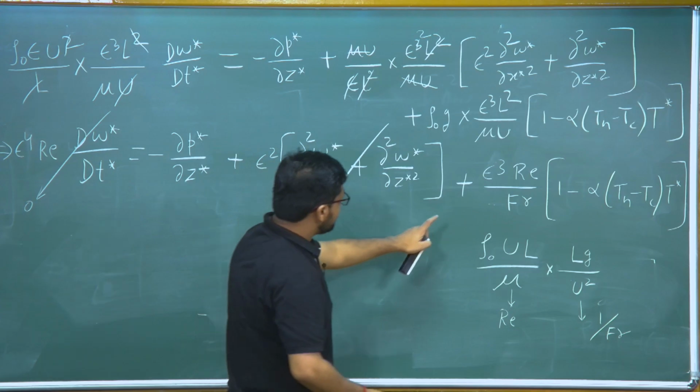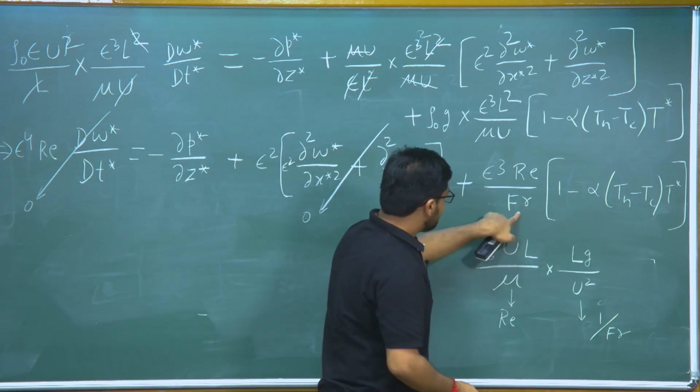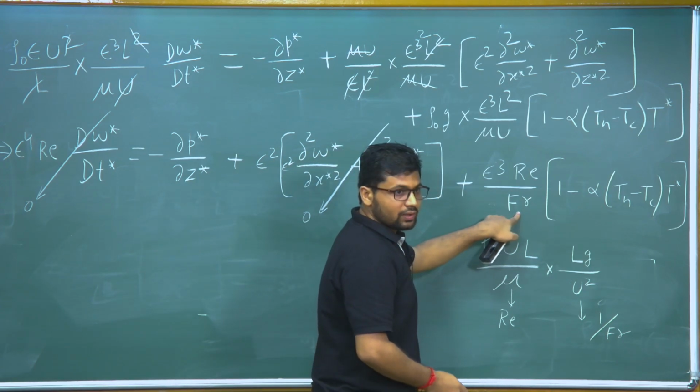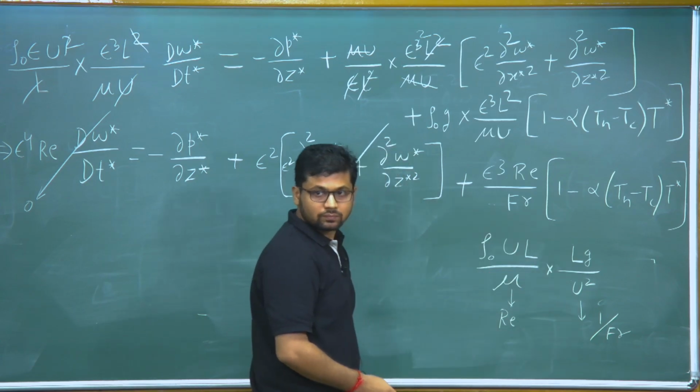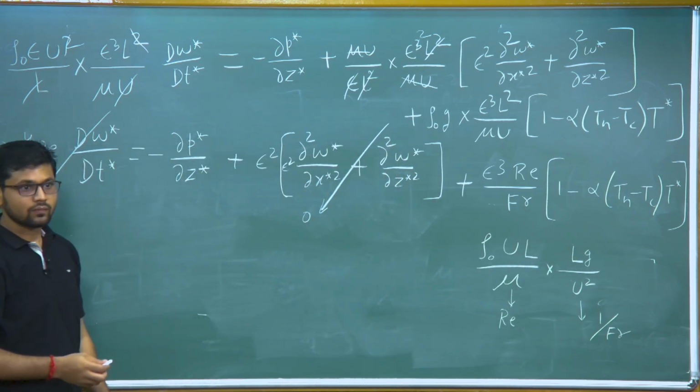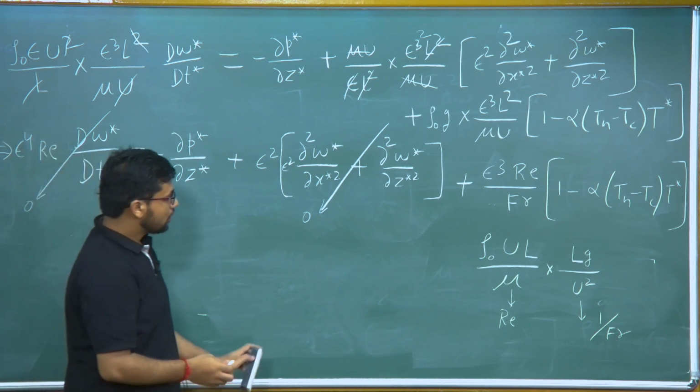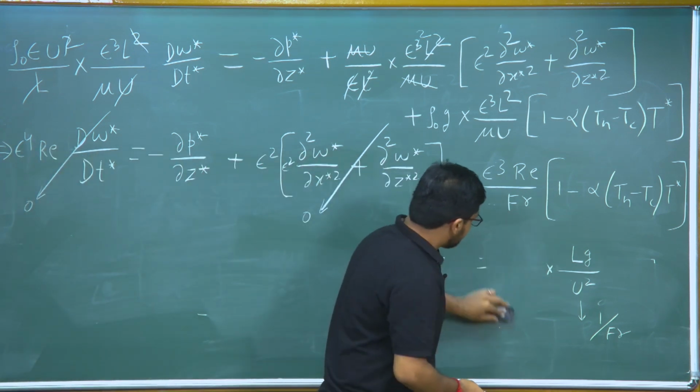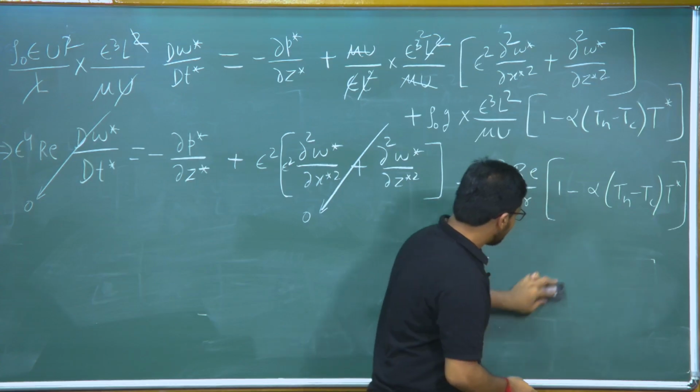Now, we will have here epsilon cube R e upon Froude's number, should this term be 0 or not? Shall we neglect this term also at the leading order or not?